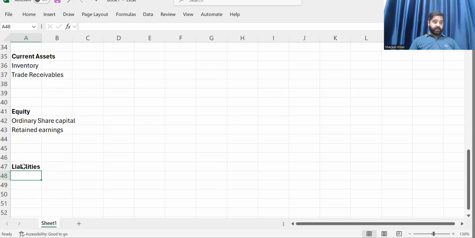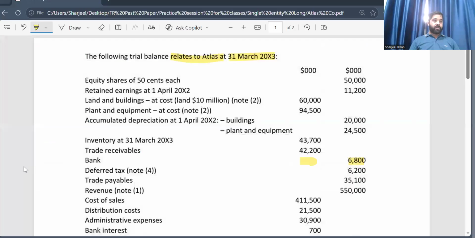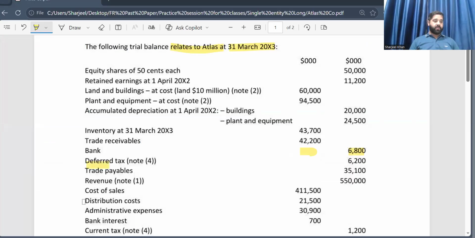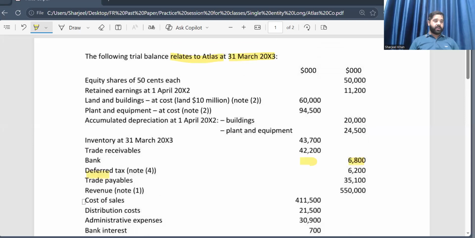Liabilities, non-current liabilities. In non-current liabilities, we have the deferred tax only. No bank loan is here, only the deferred tax.